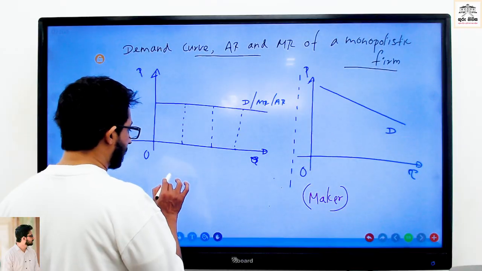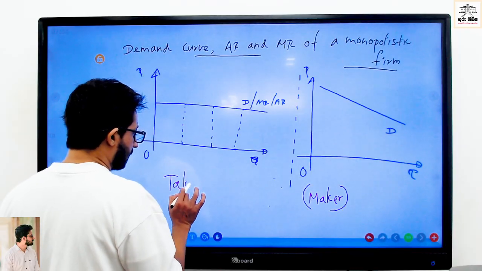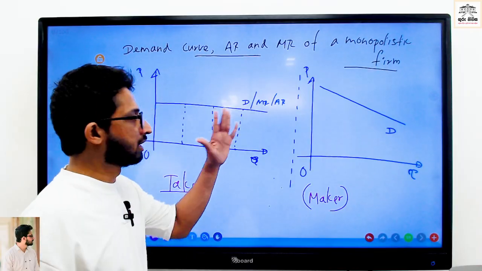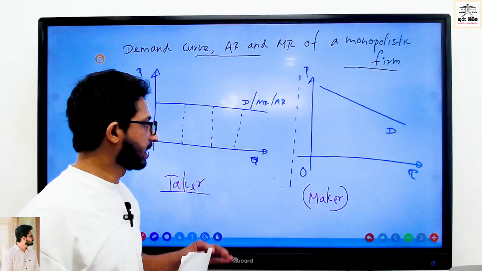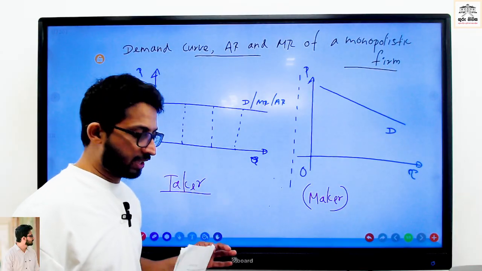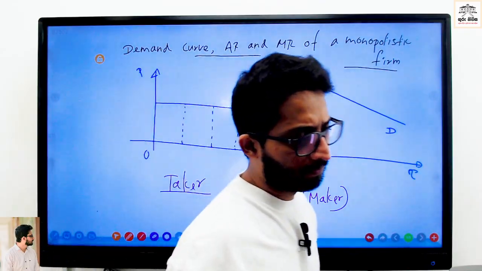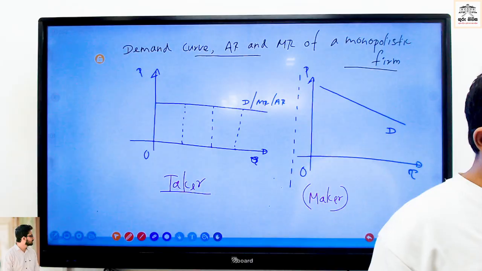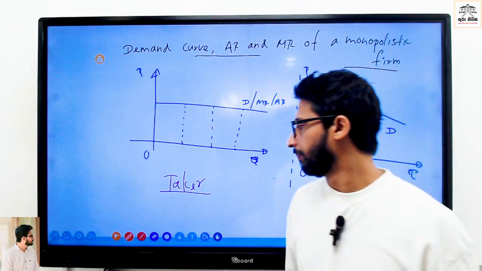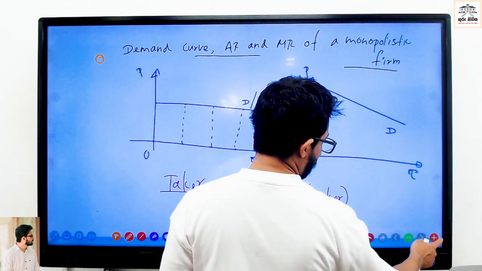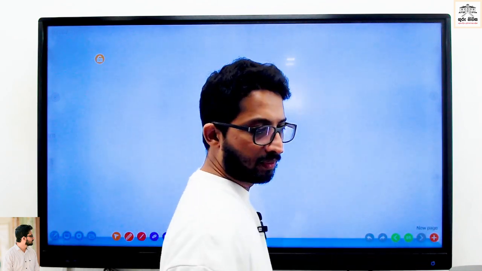If a firm is in price taking behavior, the demand curve is parallel to the quantity axis, and this is called perfectly elastic demand. Are you okay with this, Dipna? Yes, sir.